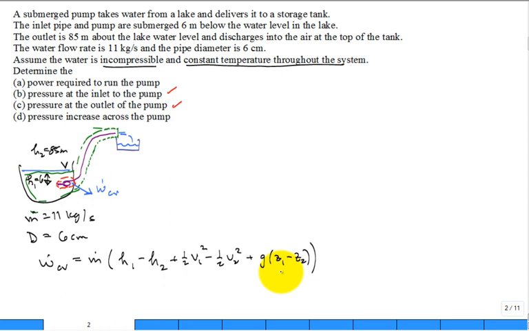So I didn't neglect the changes in the kinetic or potential energy. I kept them in the energy balance equation.